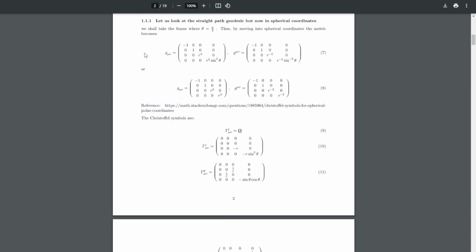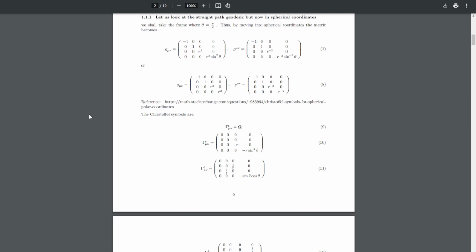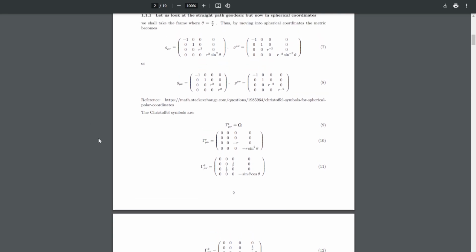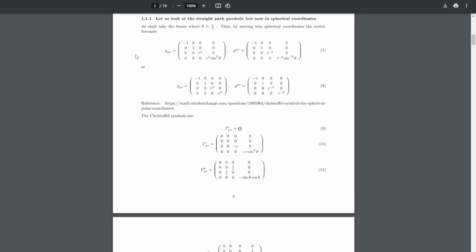Now we start with the metric in spherical coordinates, which is basically this. Of course, I'll add all the references in the video description. Also, in spherical coordinates, we notice that our metric depends on the angle theta, which is the latitude at which we choose to take the motion.